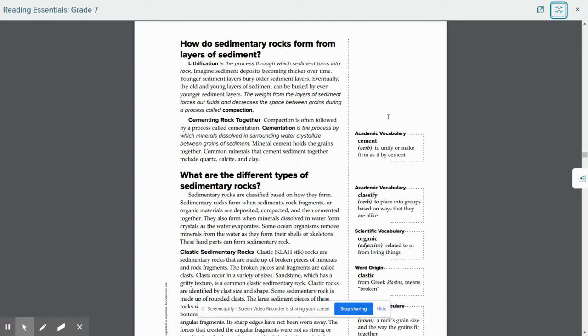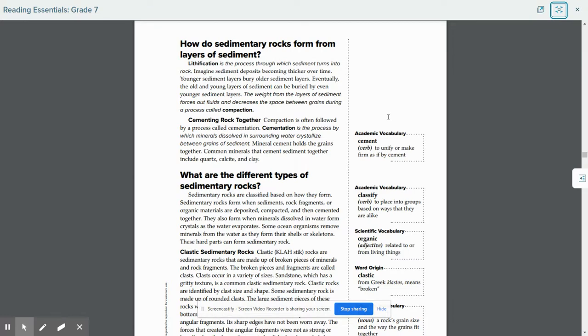Cementation is the process by which minerals dissolve in surrounding water and crystallize between grains of sediment. Mineral cement holds the grains together. Common minerals that cement sediment together include quartz, calcite, and clay.